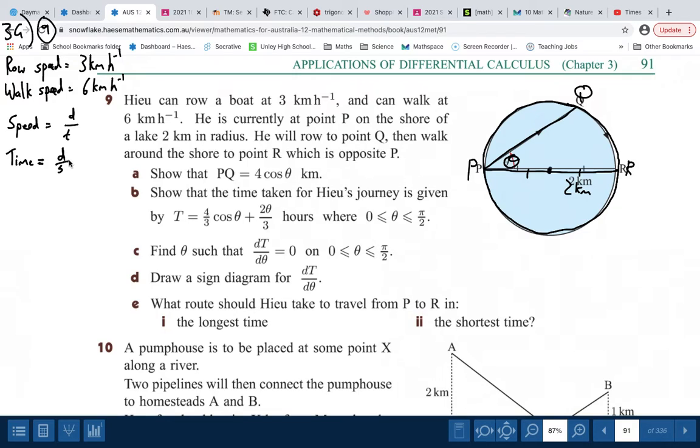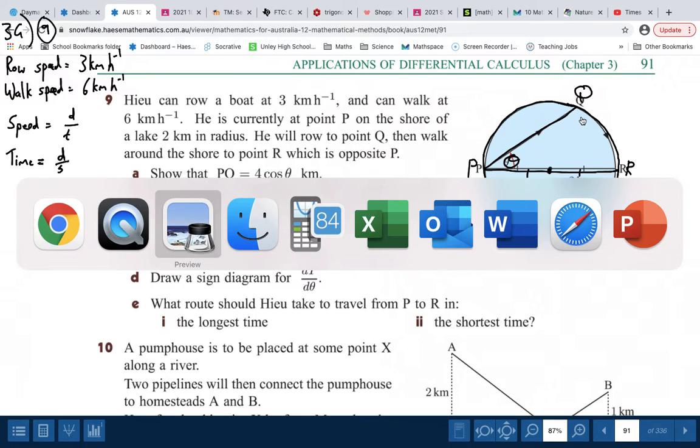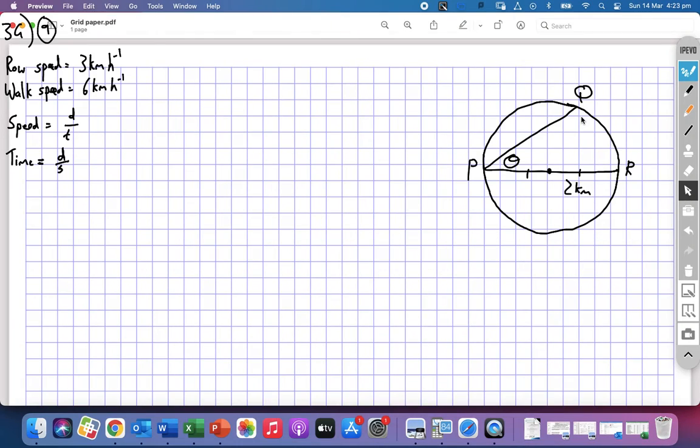In this question, we need to have a little bit of geometry knowledge, and we'll need to know about the circumference of a circle, and all of that type of stuff would be assumed knowledge. Okay, so let's start the question. The first thing is they ask you to get the distance PQ, right?